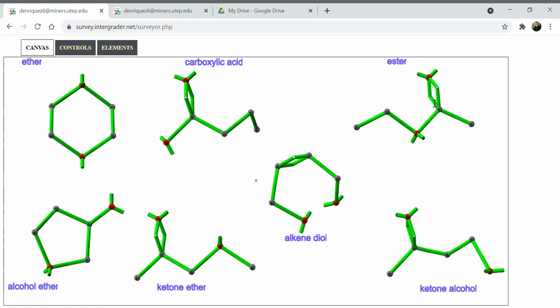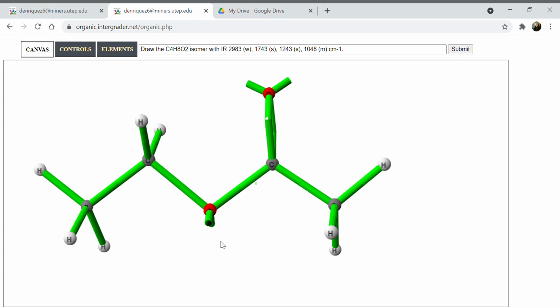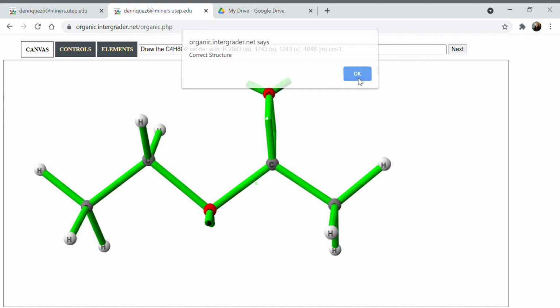So ethoxy, and then a carbon double bonded to oxygen. Ethoxy, carbon double bonded to oxygen, and a carbon. And then if you just want to count your hydrogens and make sure that you have 8 hydrogens and 4 carbons and 2 oxygens in each of your compounds. It's pretty easy to add another carbon by accident during this lesson.